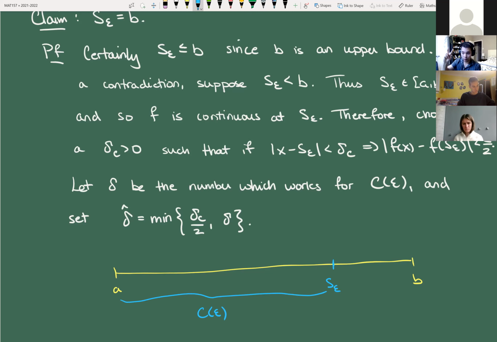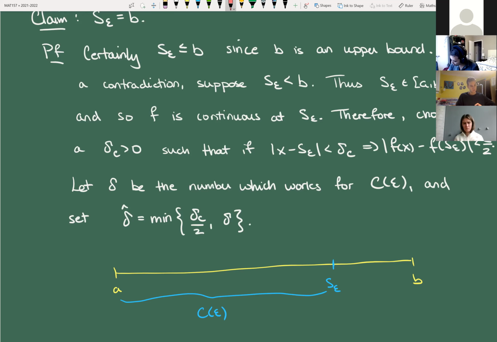We know that we're uniformly continuous on this interval. But I also know that I'm just continuous at S sub epsilon. So I get this delta C, which works on either side of S sub epsilon.